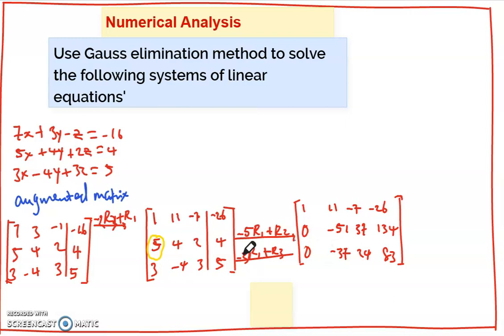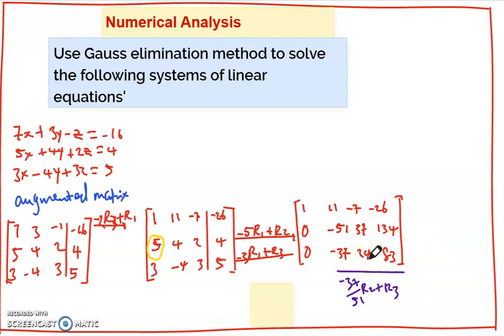The next step is to reduce this -37 to be 0. How are we going to do that? We simply need to divide. That is -37 divided by 51 multiplied by row 2 plus row 3. This will give us 0 here. So it is -37 divided by 51 multiplied by -51 plus row 3, which is -37, and this will certainly give us 0 in this position.